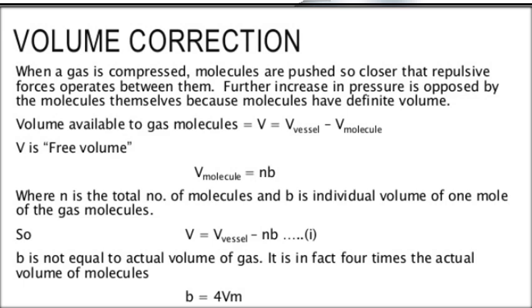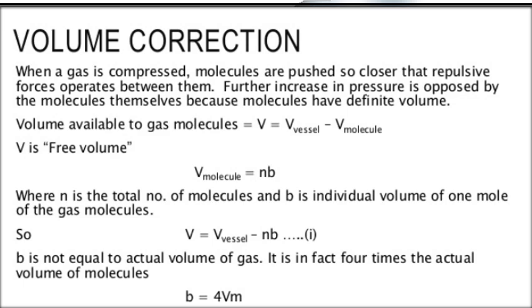So this one is the excluded volume. It says that we need the free volume of the gas, and that is obtained when we subtract the individual volume of the gas molecules from the volume of the vessel, right?